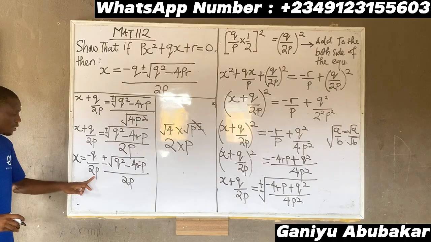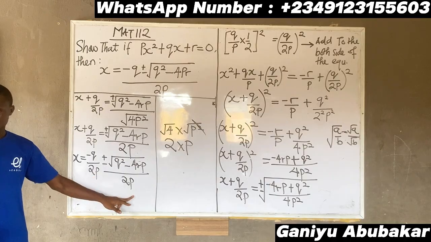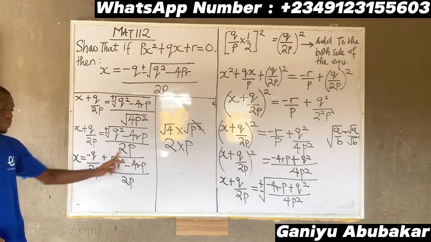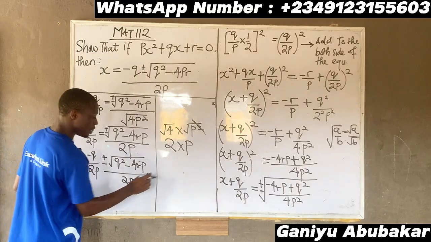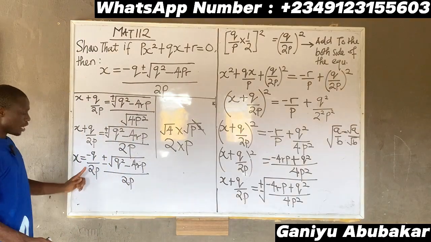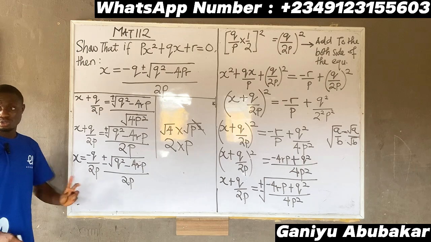Now I'm having the same denominator. Just pick out one and repeat your numerator. I said that yesterday too. If you have the same denominator, don't stress yourself.